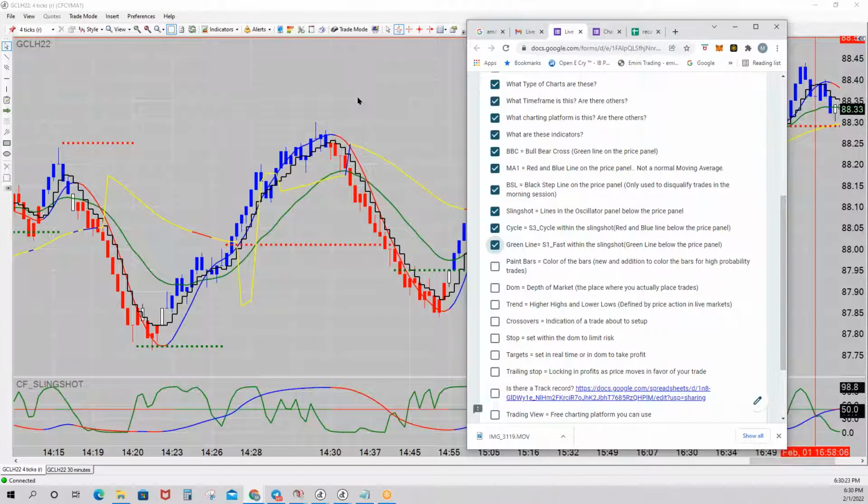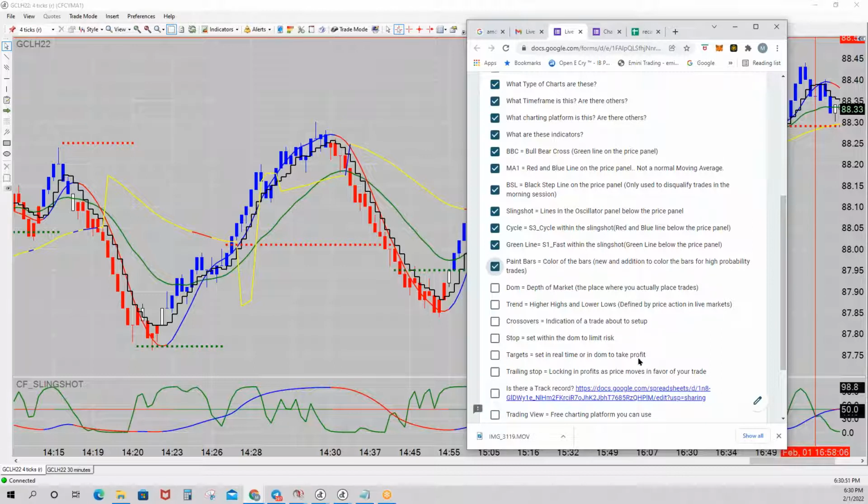And nothing is 100%. Our indicators are certainly not going to give you 100% results. Anybody that says that is lying to you. But what we can do is show you very high probability trade setups, things that happen again and again and again. All right, that's what we plan to do. Now, that was paint bars, the color of the bars. They're a new addition, and they're to show you the higher probability trades.